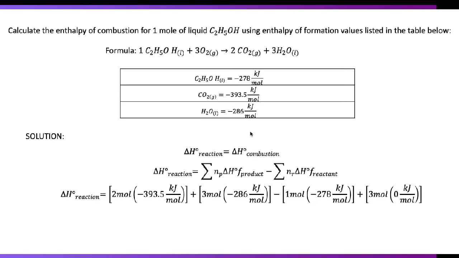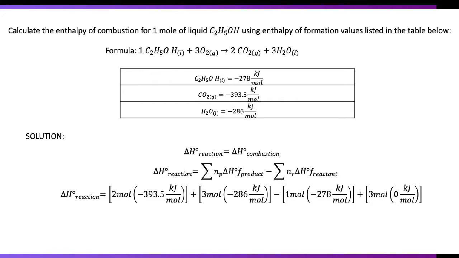Now looking at the table, you can see no value was placed for oxygen, because oxygen has zero value. Its enthalpy of formation in its elemental state will always be zero because it takes no energy to form a naturally occurring compound.